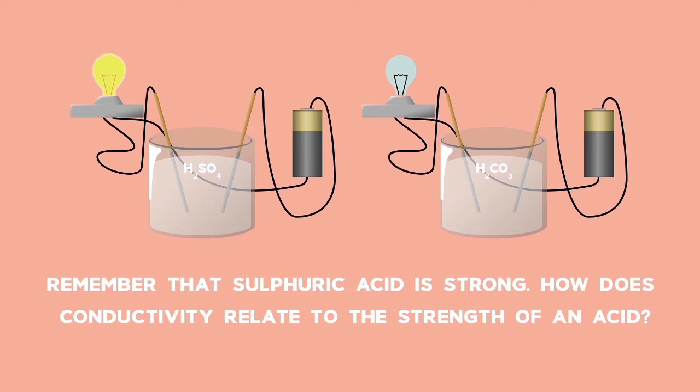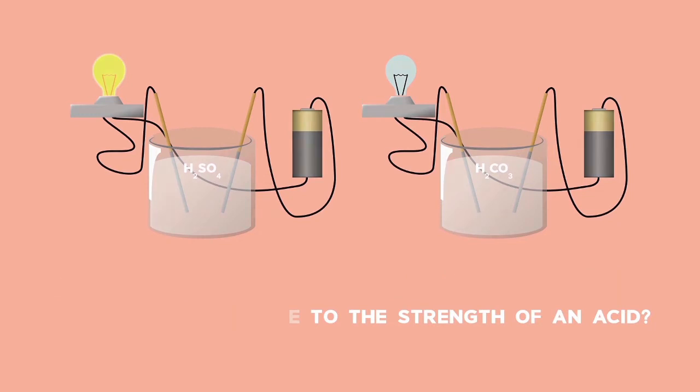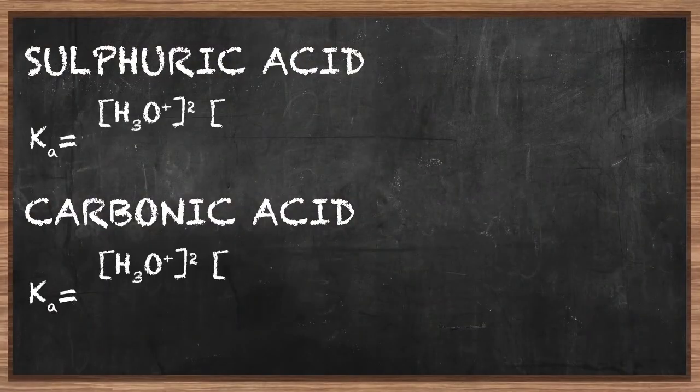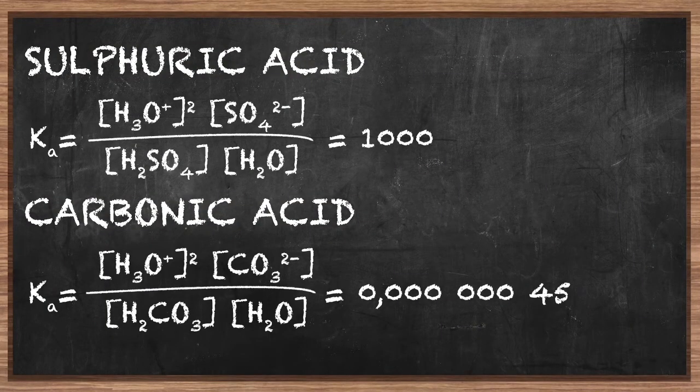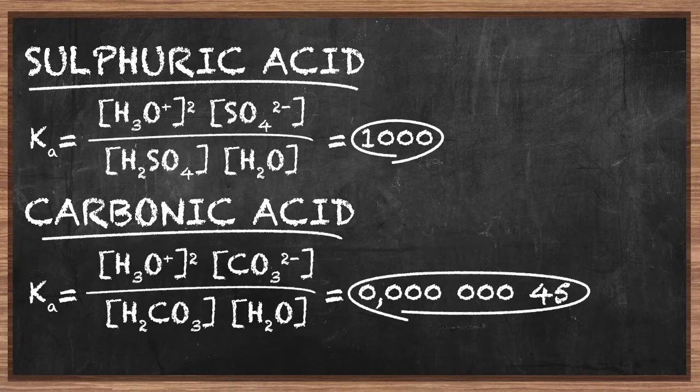How does conductivity relate to the strength of an acid? The Ka value is very high for a strong acid because there are high concentrations of ions in solution. Sulfuric acid has a much higher Ka value than carbonic acid.